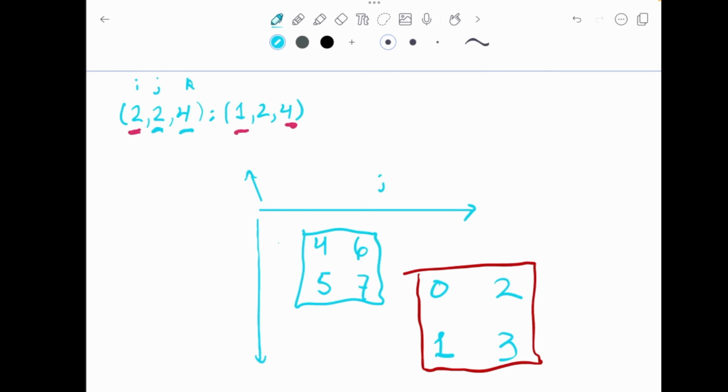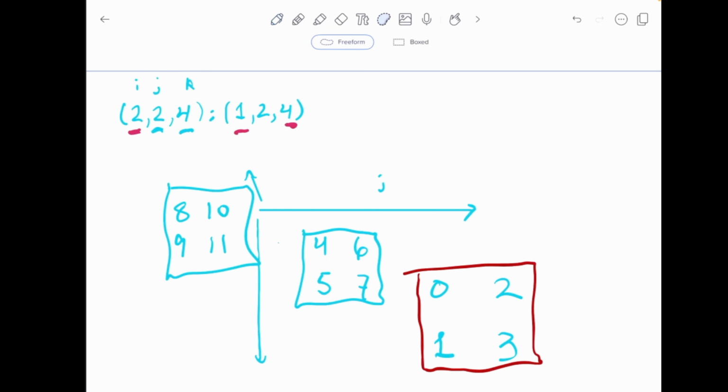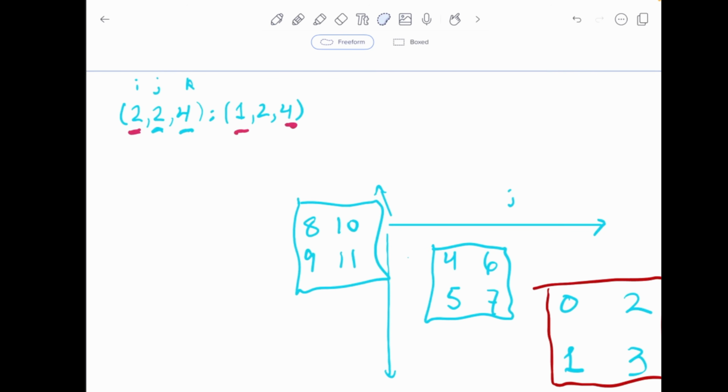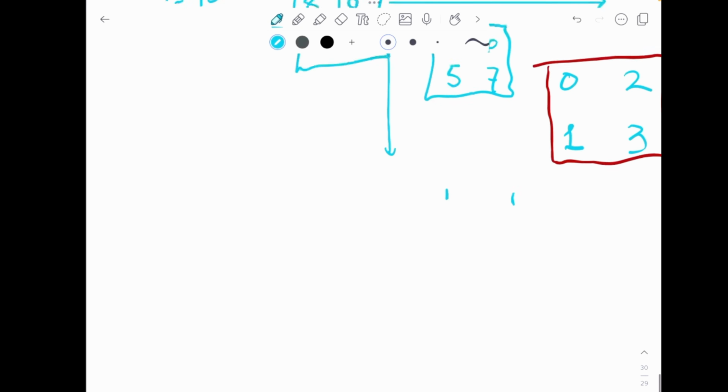That's the second element in the k direction. Then I get, as you would expect, 8, 9, 10, 11. And then my fourth element in the k direction is what you would expect. It's 12, 13, 14, 15.